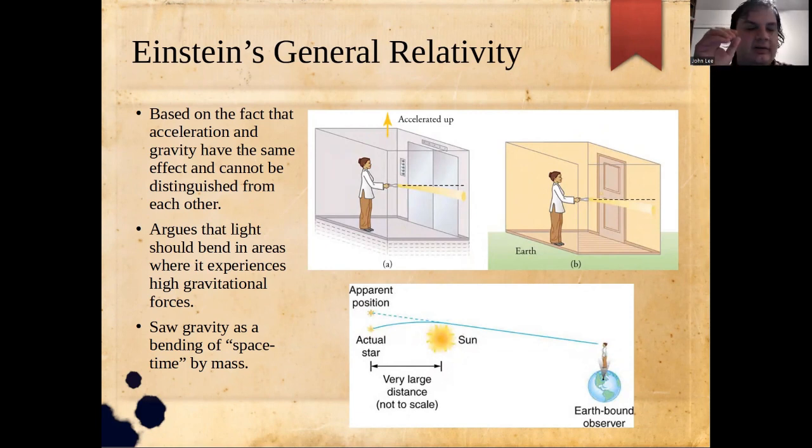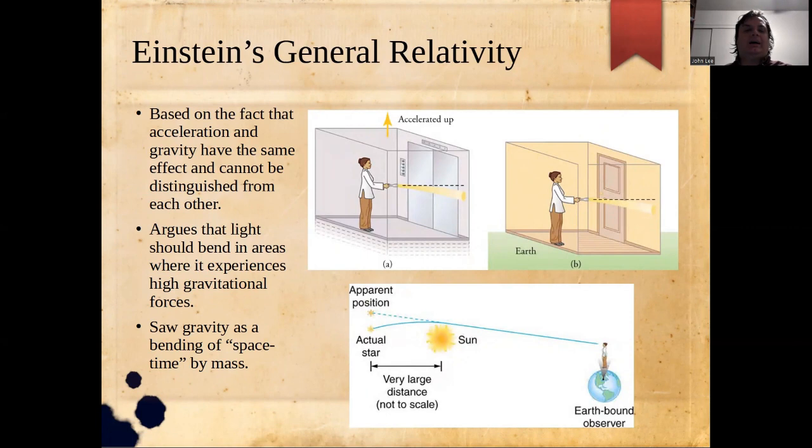As you accelerate up, the light that first left your flashlight, if you were pointing it straight forward like you see in this illustration, would end up lower than the light that left your flashlight later, because your entire body, or the flashlight and you and the elevator, are all moving up at the same time.